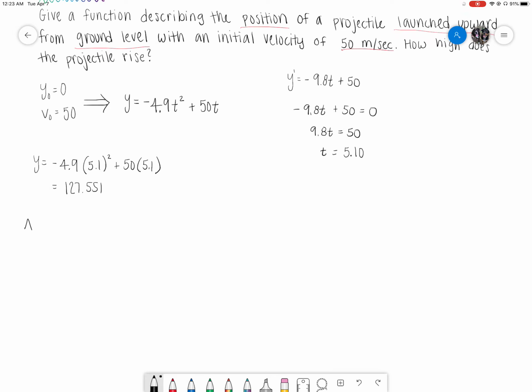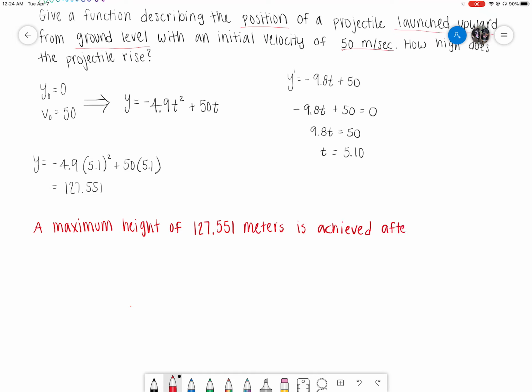So a maximum height of 127.551 meters is achieved at 5.1 seconds.